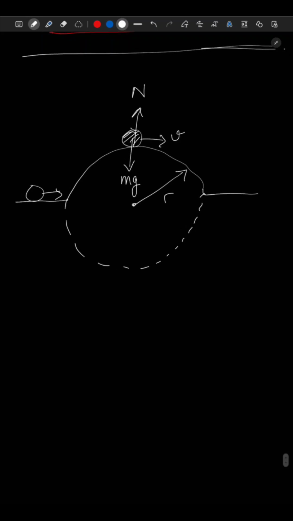By Newton's second law, the net force is the mass times the acceleration. The force providing this is the centripetal force, which is directed towards the center of the circle.